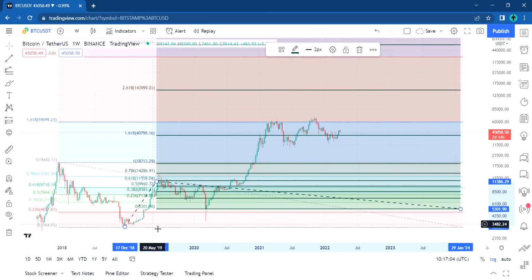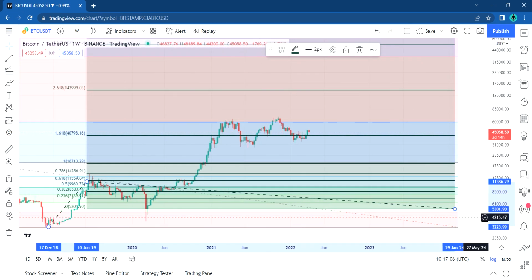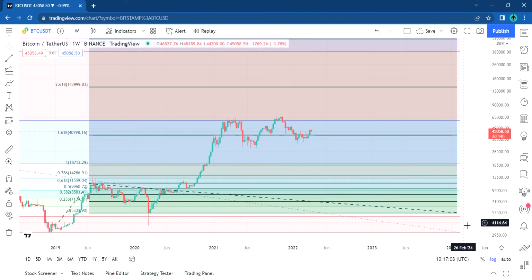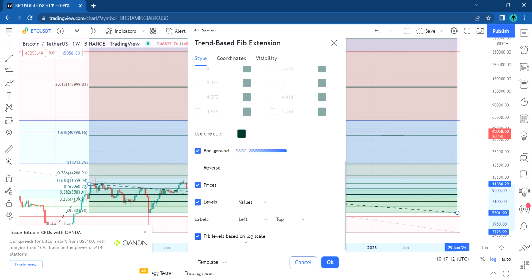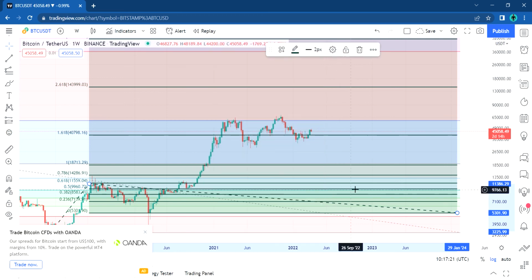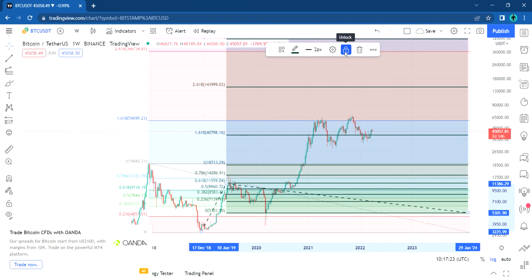So on a closure basis, which is probably the proper way of doing it, again, settings, Fibonacci, it's on a log scale just like this one, and I'm going to leave this on black, and I'm going to lock it as well.